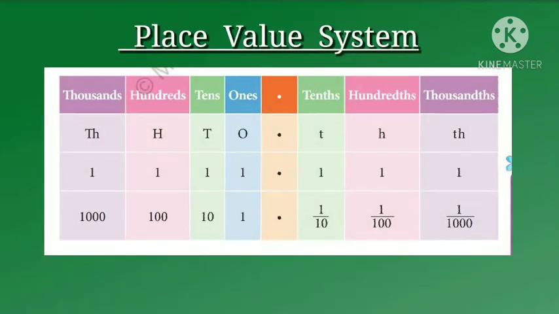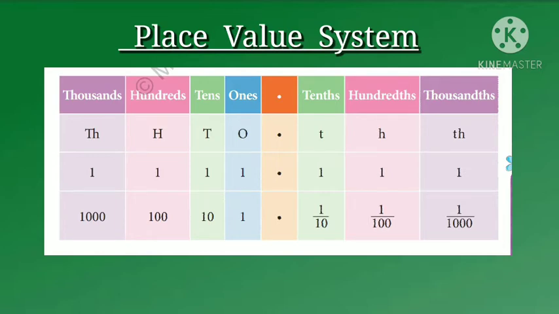Place value system. Decimal numbers extend the place value system. Digits move from left to right of the ones place. Look at this place value chart: thousands, hundreds, tens, ones, decimal point, tenths, hundredths, thousandths.